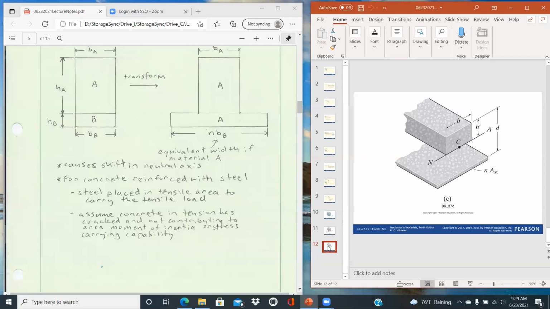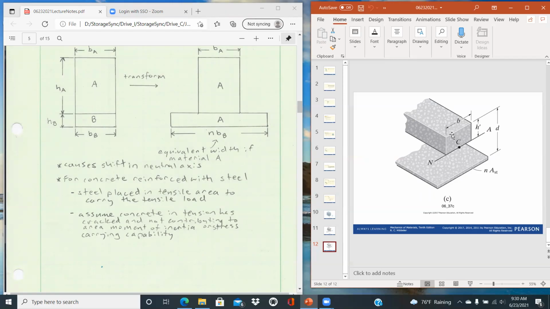And so what you then end up with is a situation where you have your concrete cross-section, and then you look up the equivalent width of that steel that's in that area down there to determine what that equivalent width is if it were all made of concrete.